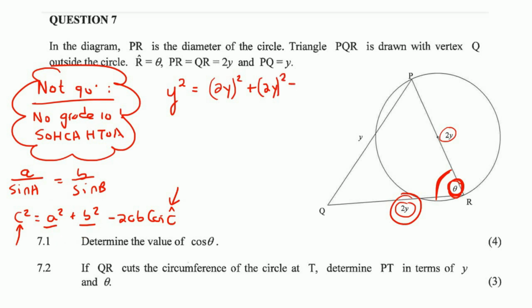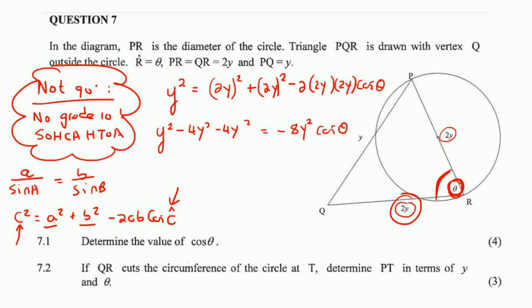Then we're going to say minus 2, fill in those 2 sides again, and then cos of the angle, which is called theta. What we'll do next is take these 2 to the other side. So we have y squared minus 4y squared minus 4y squared equals minus 2. Actually, let's just multiply these 3 together: 2 times 2 times 2 is 8, so 8y squared cos theta.